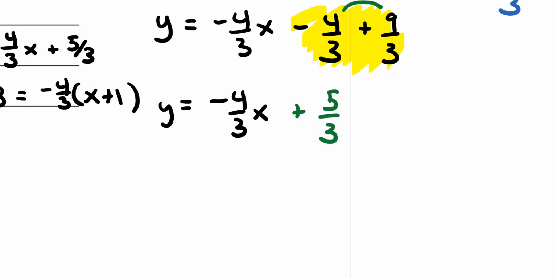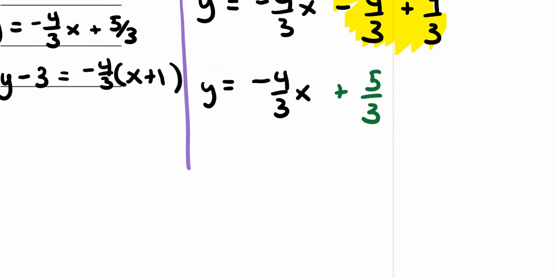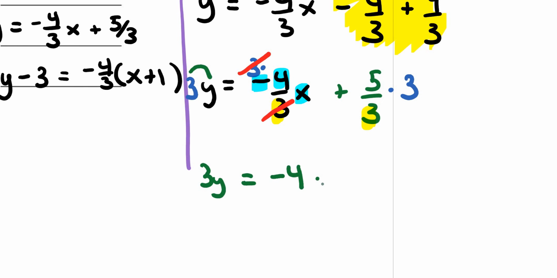And then finally, I need to write this in standard form here. So I do have a denominator of 3 here, so I can multiply everything by 3 now. So multiply that by 3, multiply this by 3, and I multiply that by 3. Okay, so 3 times y is going to be 3y, and then this 3 and that 3 will cancel off, and then there's a negative sign of 4 and an x, so that's going to be -4x, and then this and this will cancel off, giving me a +5.